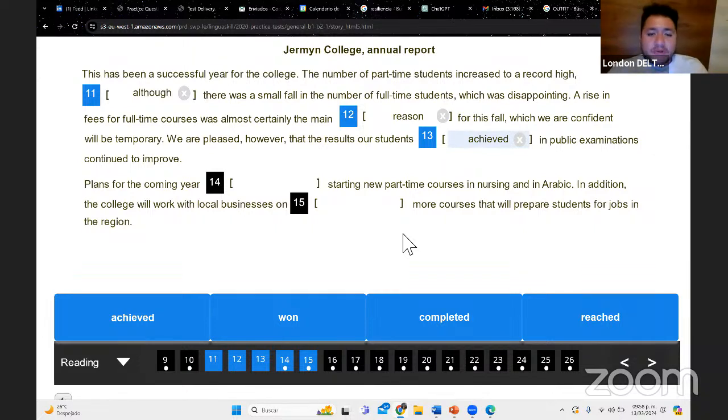The results our students achieved. They lograron unos resultados. We don't know which, and we don't know what was the goal. We don't know what they wanted to achieve, but that's why we would say achieved is the best word, the one that sounds more natural than reach. Aunque reach también nos puede hacer como titubear un poco.